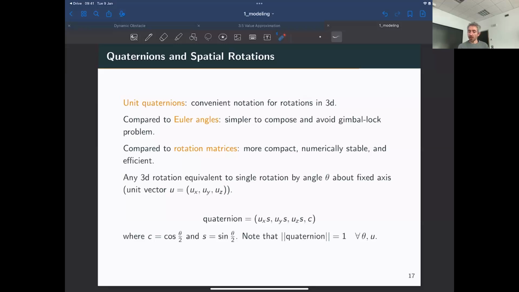And quaternions are always normalized, so if you compute the norm of this vector, you always obtain 1. So they are a 4-dimensional vector, but they are subject to a 1-dimensional constraint, which kind of makes sense if you think about it, because you have a 4-dimensional vector minus 1 constraint. So you get 3 degrees of freedom, which are the ones of the space that you want to represent, which is the space of possible orientations.